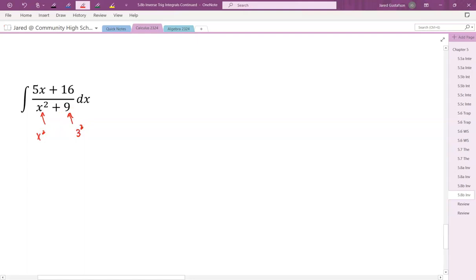So it also kind of looks like a setup for an arctangent answer. The problem with the arctangent thing is that we have this 5x on top, and we know for arctangent it's 1 over u squared plus a squared, du gives us answers. So that x on top is a little concerning if we're doing it that way. So let's try u sub.